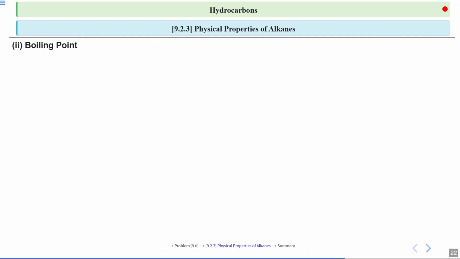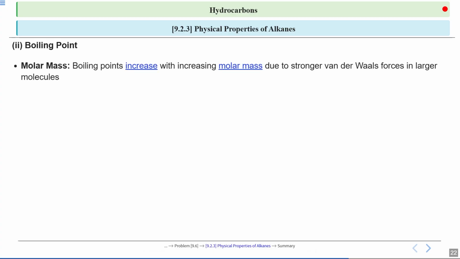Now let us discuss the second physical property, that is boiling point. Starting with the molar mass: as the molar mass of the alkane increases, its boiling point also increases. This is because larger molecules have stronger van der Waals forces, which require more energy to overcome. Think of it like trying to separate two magnets. The stronger the attraction, the more effort it takes.